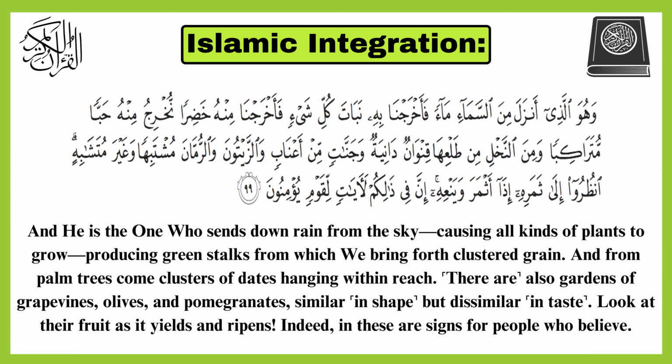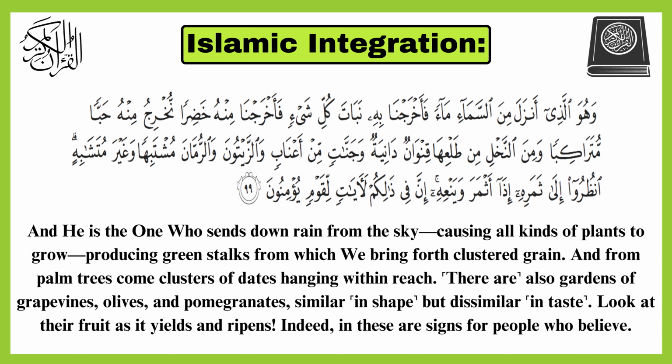But before going further, I am going to discuss one thing: what the Quran says about life. According to the Quran, He is the one who sends down rain from the sky, causing all kinds of plants to grow, producing green stalks from which we bring forth clustered grain, and from palm trees comes clusters of dates hanging within reach.